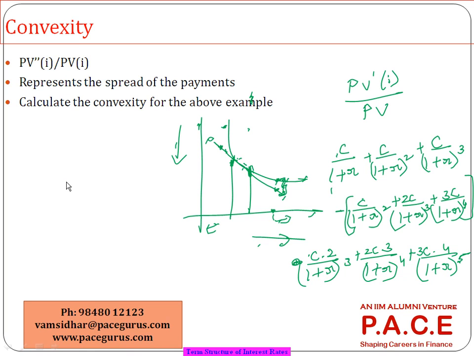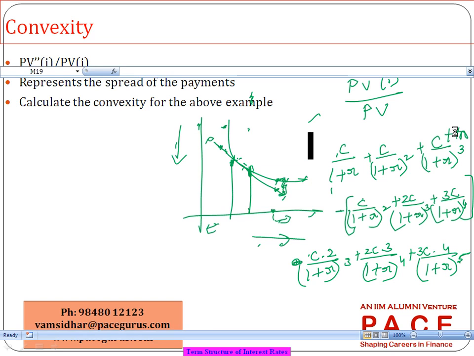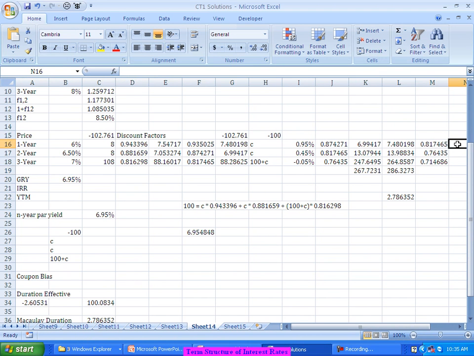And now what I'll take: 2 into, okay, here it would be C plus 100 because even the principal will come out. So we are talking of 2 into the first coupon plus 6 into the second coupon plus 12 into the third coupon, and so on.